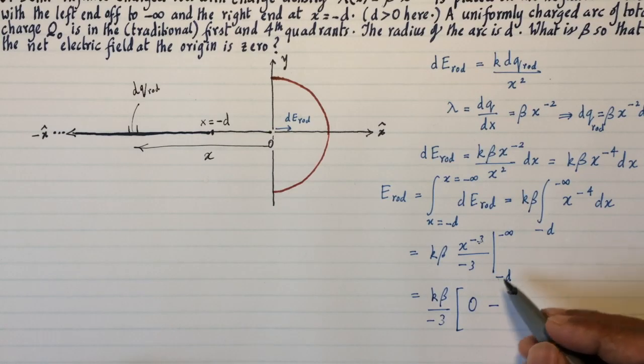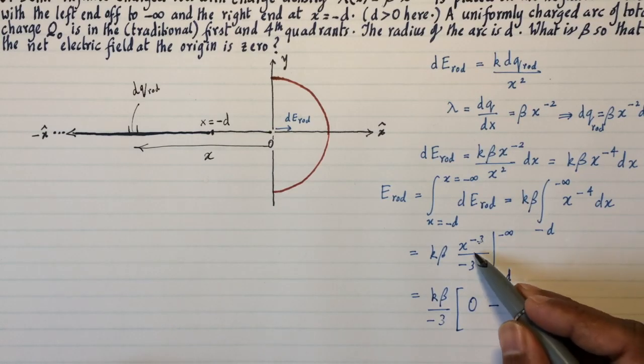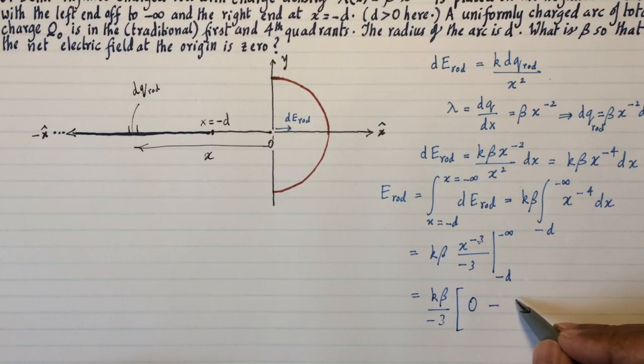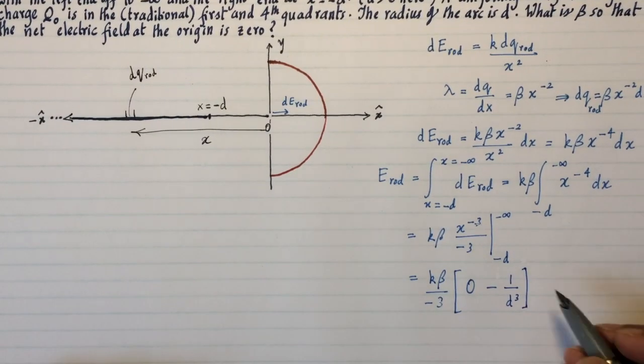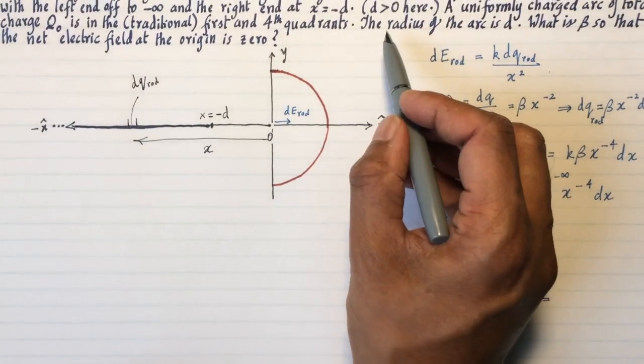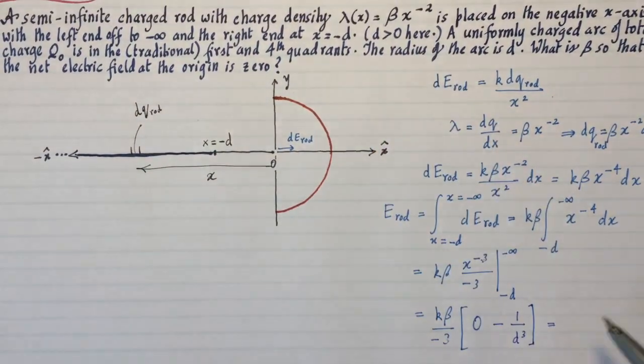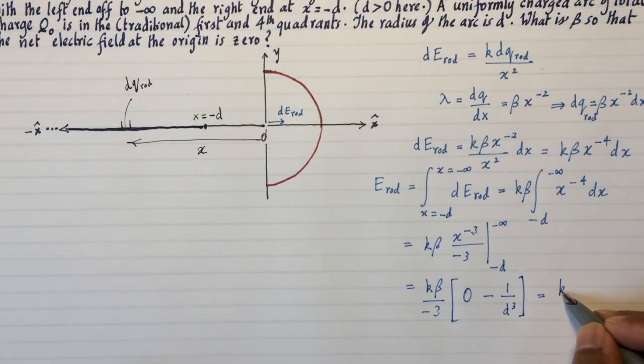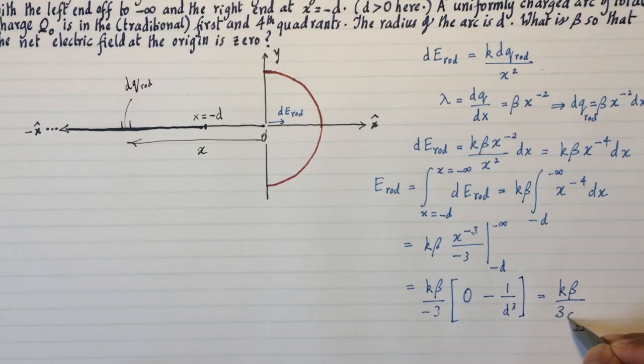And the lower limit is going to be negative of this thing. So that's going to be 1 over d cubed. Okay, so my earlier comment does not really matter because I realized quickly that d is bigger than 0, so I don't have to worry about it. So this is going to be k beta over 3 d cubed.